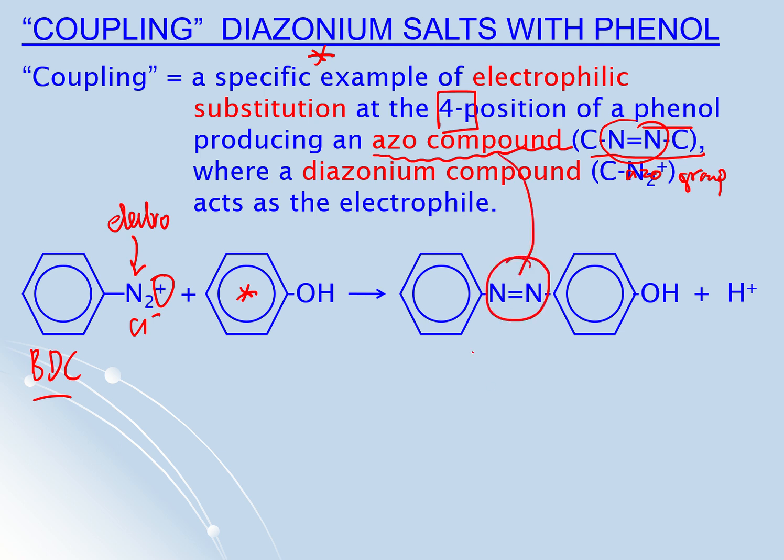You can see why it's called an azo group. You can see why it's called coupling, because we've basically joined these two compounds together. And then we have an H+. If you did have the Cl minus here, you would have, of course, HCl, but in the blue is just the ionic equation. So this is the equation, guys, for coupling with the benzene diazonium chloride and the phenol here.